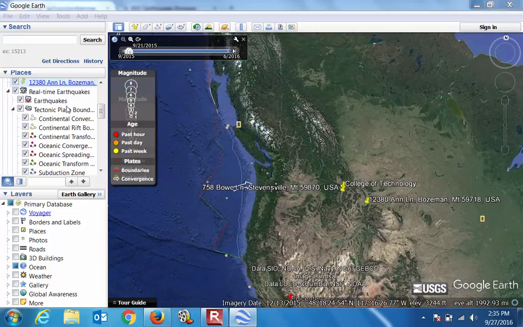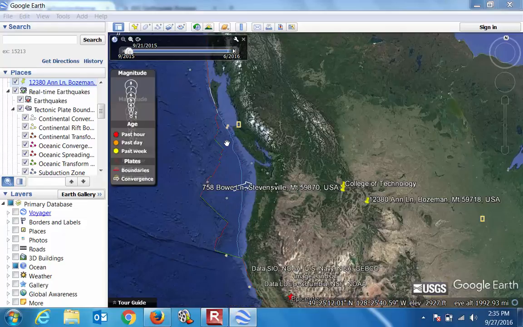We've looked at our real-time earthquakes in Google Earth here, and our tectonic plate boundaries: continental convergence, continental rift boundaries, continental transform, converging, oceanic spreading, oceanic transform, and subduction zones. For the subduction zone, you see the color here, blue. Here's our Pacific oceanic plate coming in, and it's subducting under the continental plate.